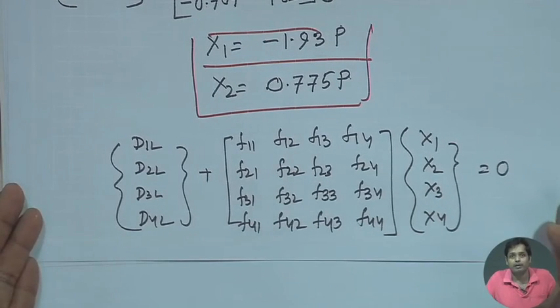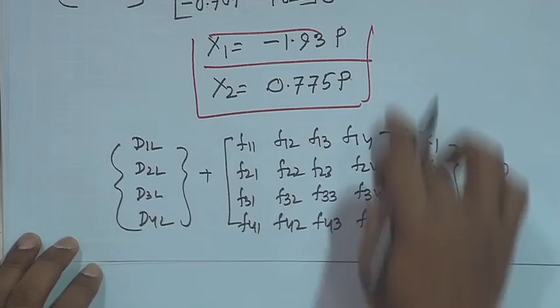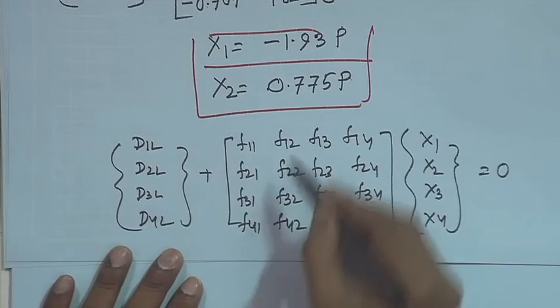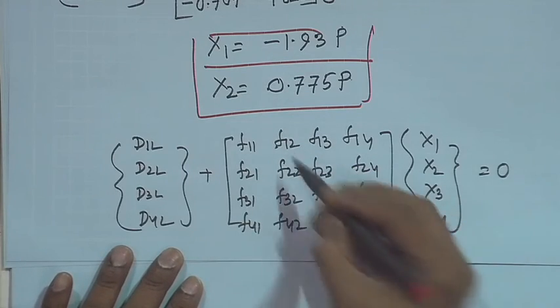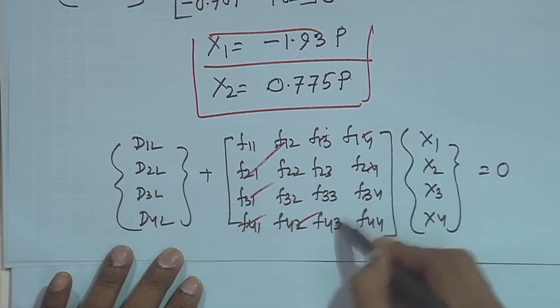That is your compatibility equation. If you have n number of unknowns, then this flexibility matrix becomes n by n, but it always remains symmetric. This is a symmetric matrix.